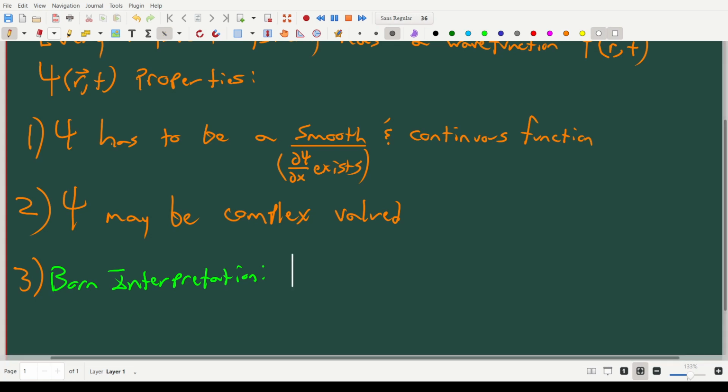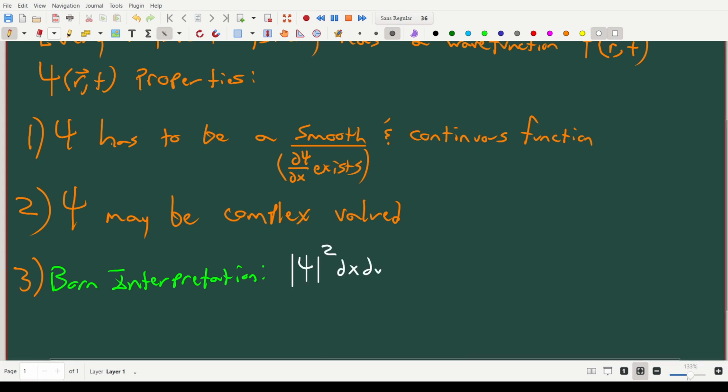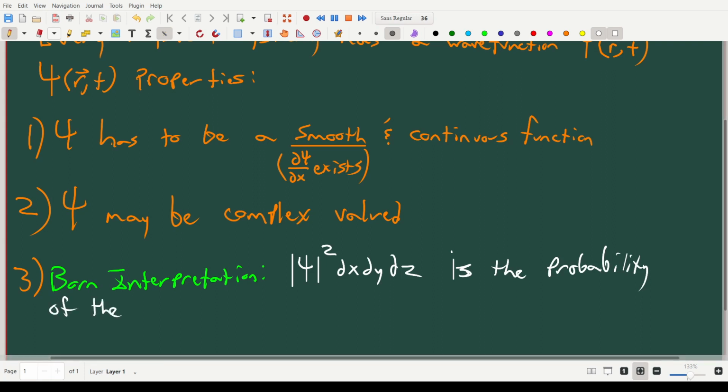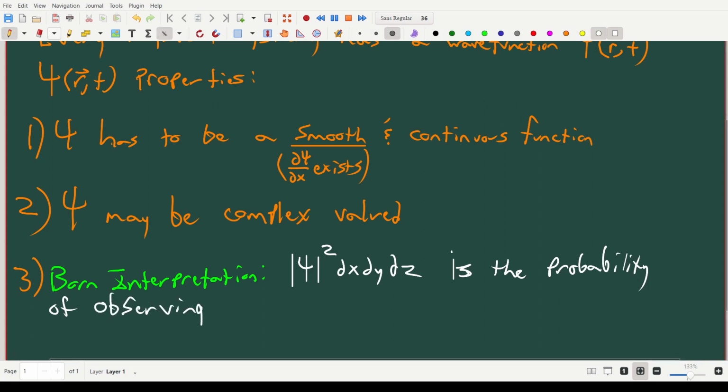When we take the wave function and square it, and put it in a small volume dV, which is dx, dy, dz, this is the probability of observing the system in the volume dV.